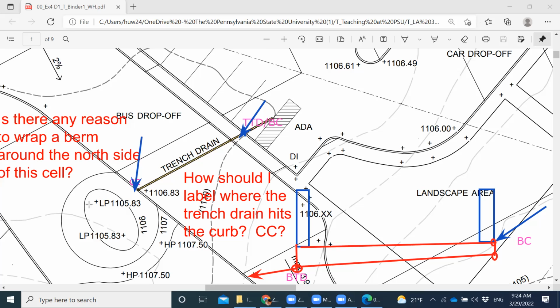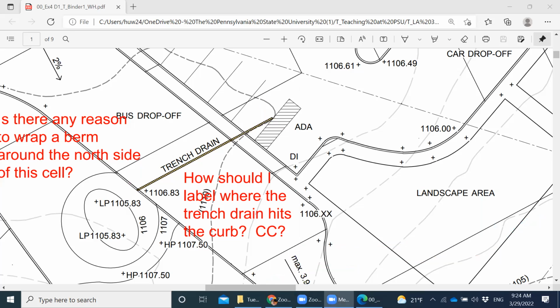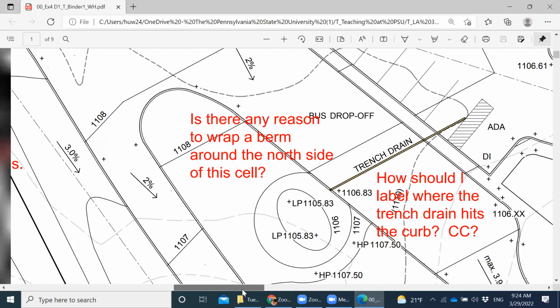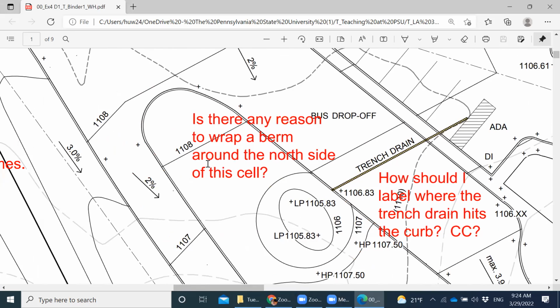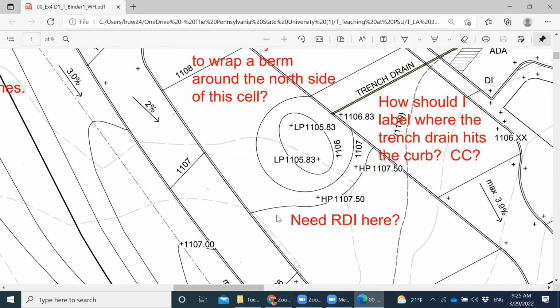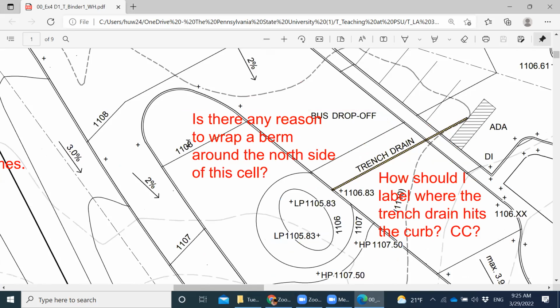All right. So let me try to clear this. Is there any reason to wrap a berm around the north side of the cell? No, I don't think it's necessary. It's actually going up. The berm is always going to be between the cell and the lower elevation.